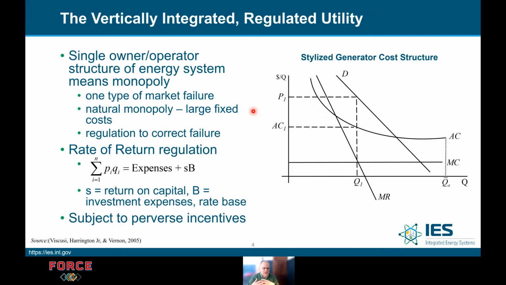You think about the infrastructure requirements to build generation assets, the infrastructure requirements to build transmission assets, and the infrastructure requirements to build distribution assets down into the households and communities where the electricity is consumed. If there was to be a competition of these assets, just think for a moment about all of the infrastructure that would have to be in place.